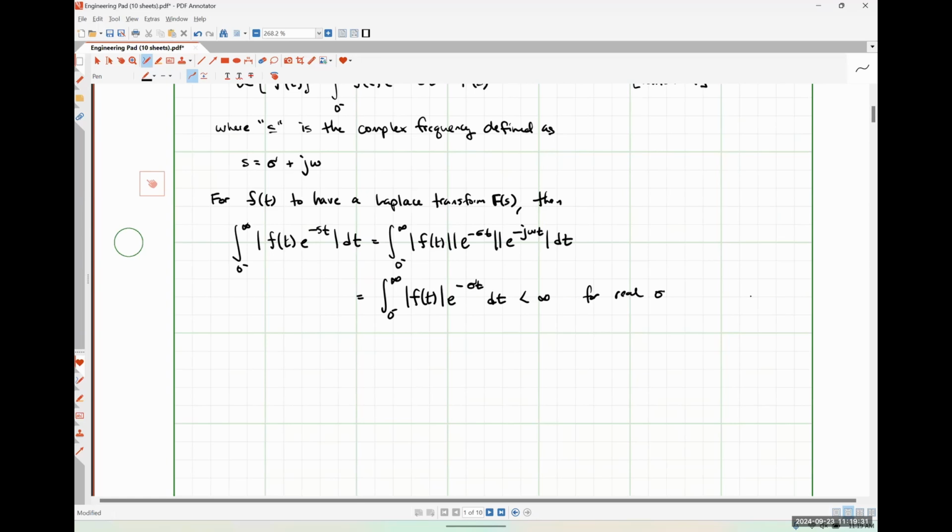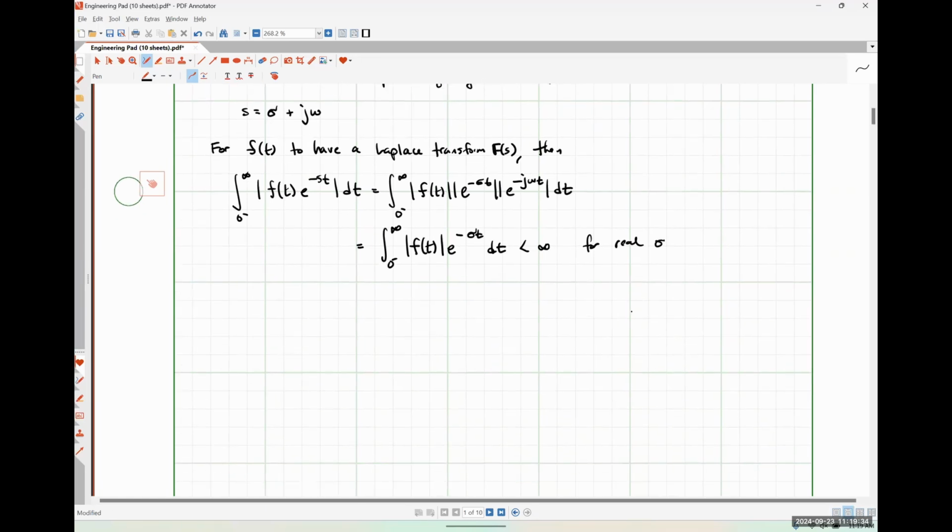So now let's talk about the inverse Laplace transform here really quickly. Okay.